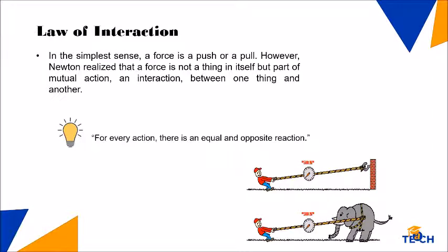Amazing! As you can see in the picture below, the man is pulling a wall and pulling an elephant, and the wall and the elephant are resisting the force of the man. That means each of their forces are interacting with each other. Alright?